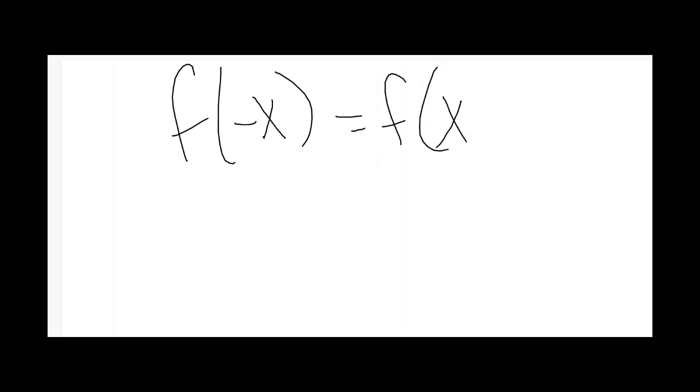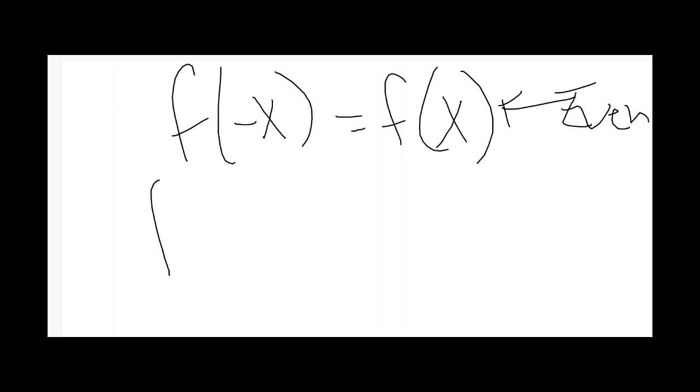But a way to prove that these values are even or odd is by plugging in negative x. So if you plug in negative x into the function f, and you get an output of the same function as your original function, we know that this will be an even function. This will be even, right?